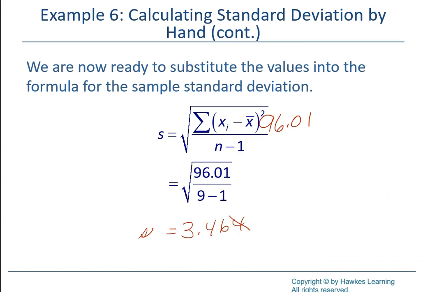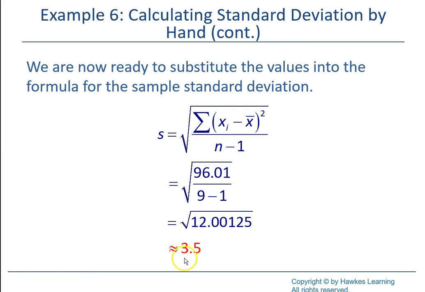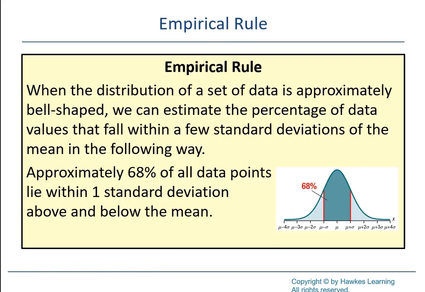And you might say, well, what does that mean? We're going to go over that with you right now. And they're rounding it to 3.5. That makes it a little easier. Okay, good. Want to be sure we knew where we got that from. Now, as we wind up our study, I want to bring you to what is called the empirical rule.